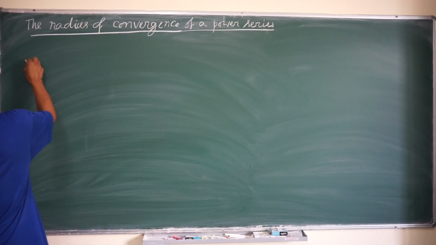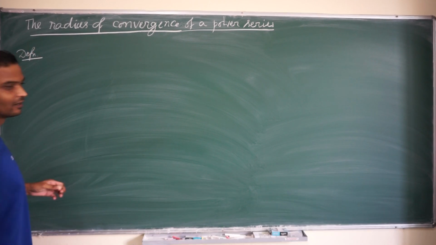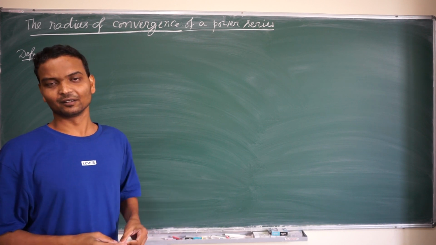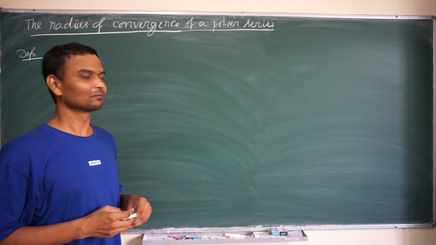So first the definition. So last time I was writing the definition of power series, but it ended in such a way that it's not complete. So let me complete it.